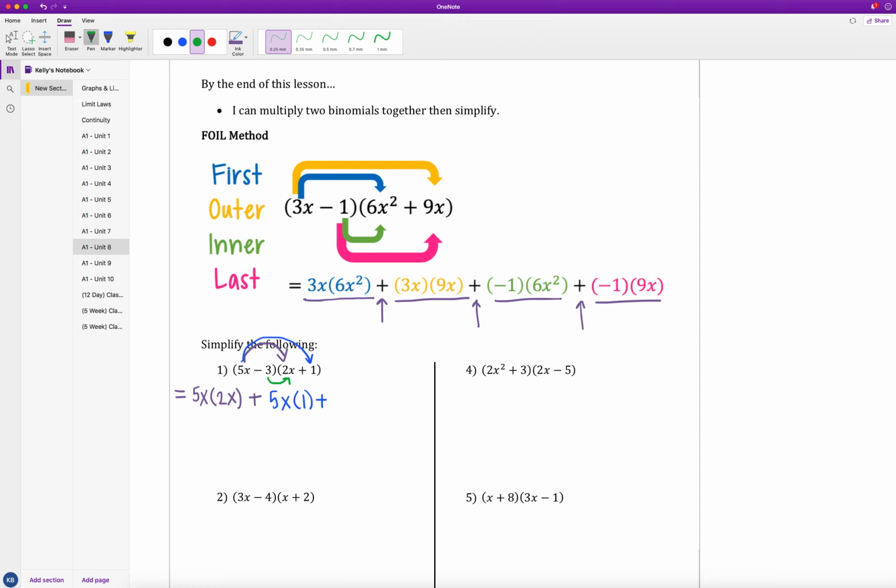So make sure if you have any negative signs or subtraction signs in front, you want to take those with that. So this will be -3 times 2x, plus my last terms will be -3 times +1.